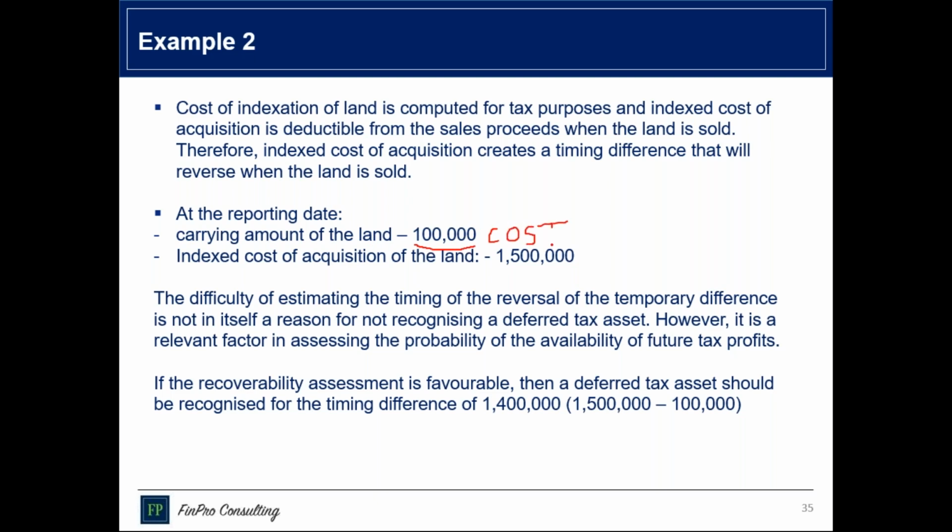So the cost is 1 lakh. Now on today's date, my indexed cost of acquisition is, assuming, 15 lakh rupees, considering all the cost inflation index and so on. Now the standard says that because there is a difference between the cost and the indexed cost, this has resulted in a timing difference. How this timing difference will work out, I will let you know. So let's say my tax rate is 20%.